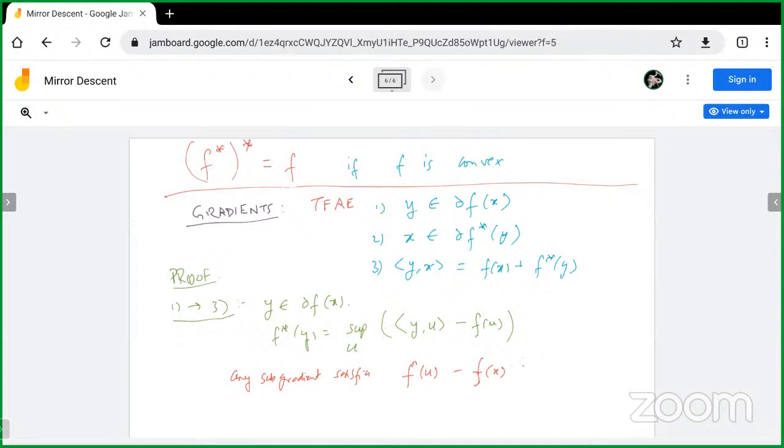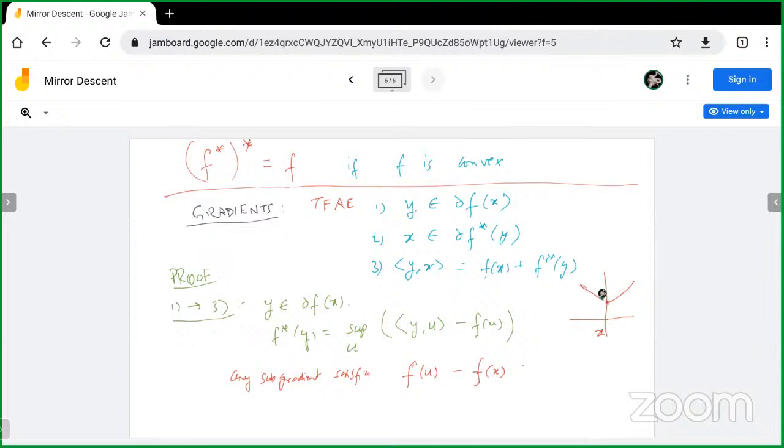There's a picture: here is my x, and suppose this is my function, a non-differentiable function.